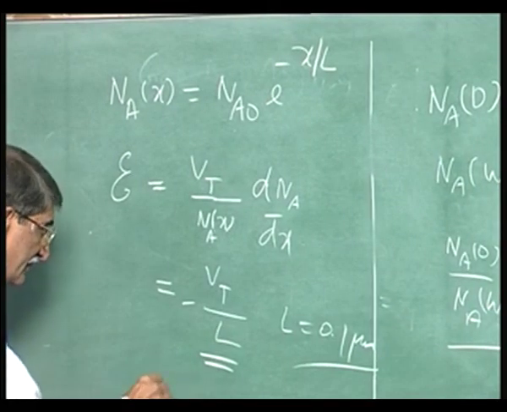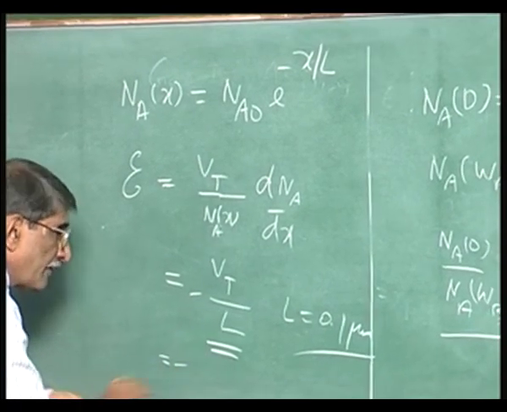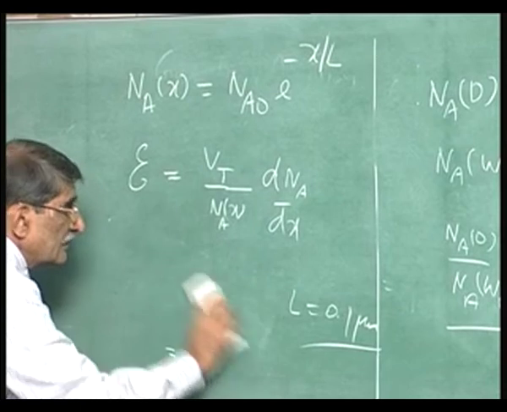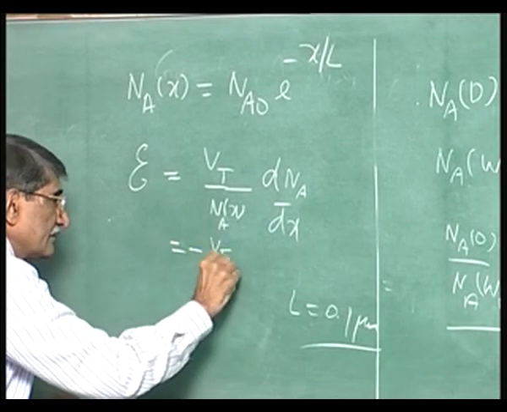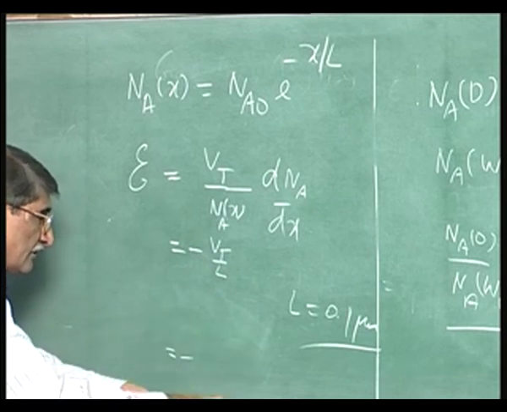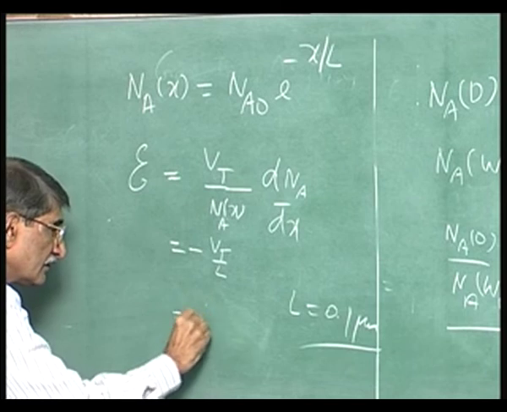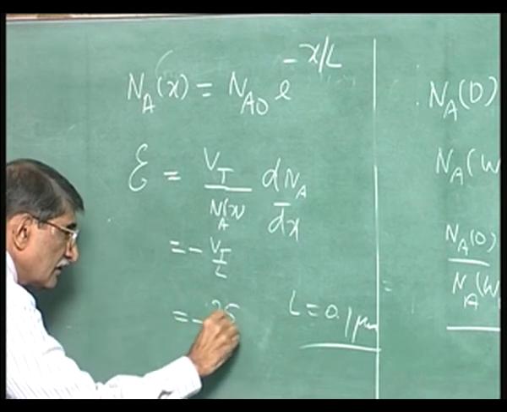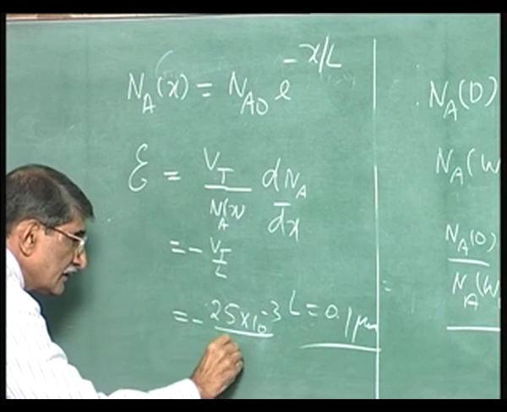So, for this case, this is actually minus Vt by L, which is equal to 25 millivolts, that is 25 times 10 to the power minus 3, divided by 10 to the power minus 5.